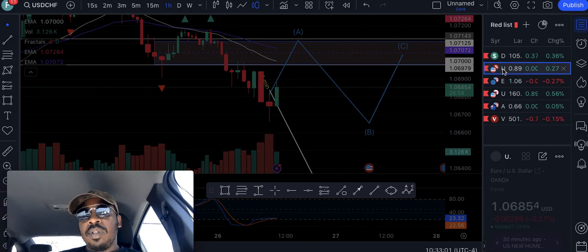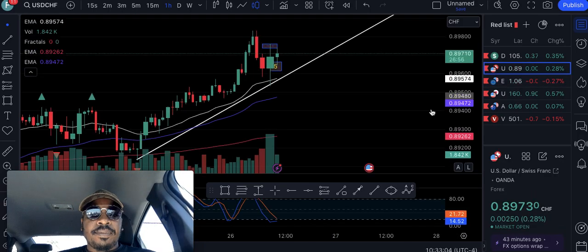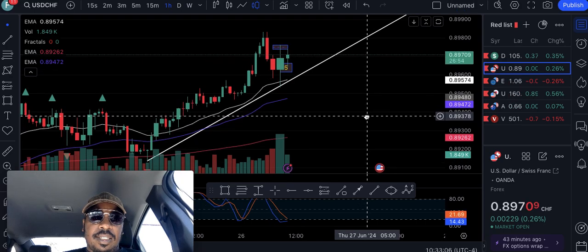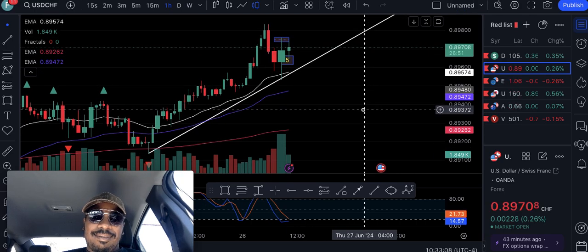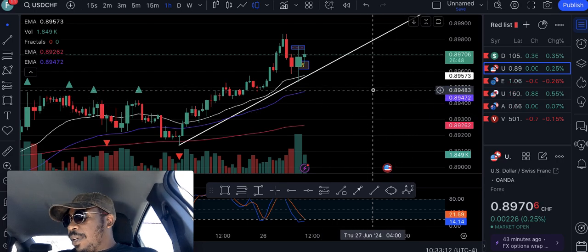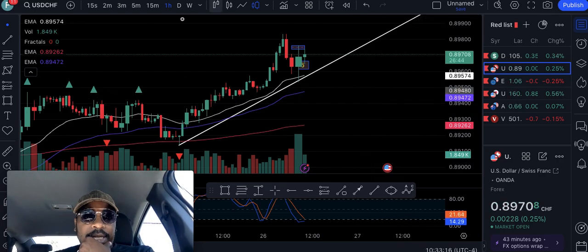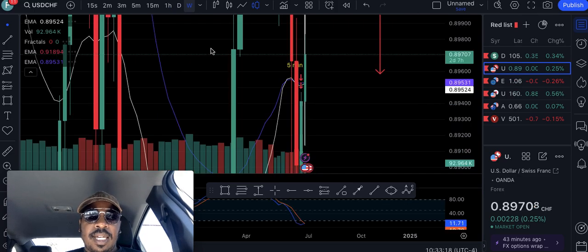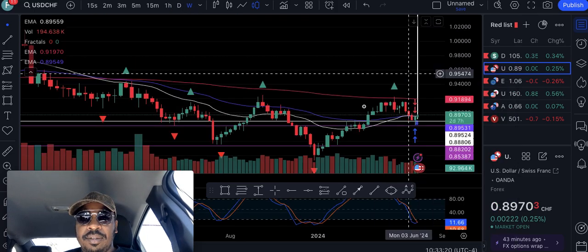Alright, now let's go to USD Swiss franc. I do got a bias for Swiss franc. On the week time frame, we are in a downtrend.